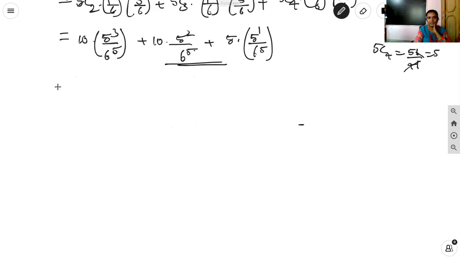No need to get confused here. 5 square by 6 power 5 means 10 into 5 plus 10 plus 1.